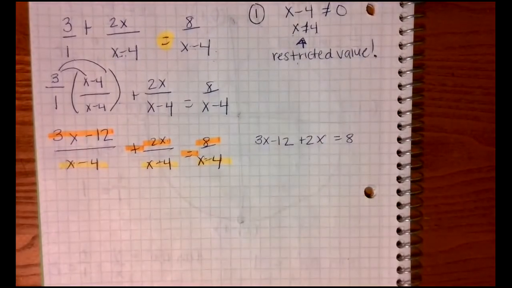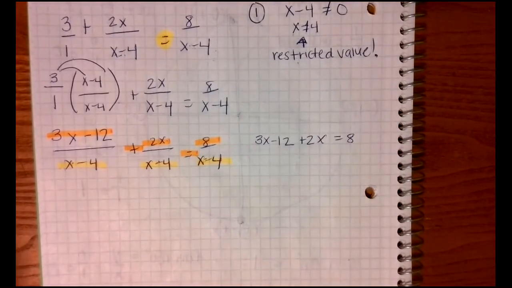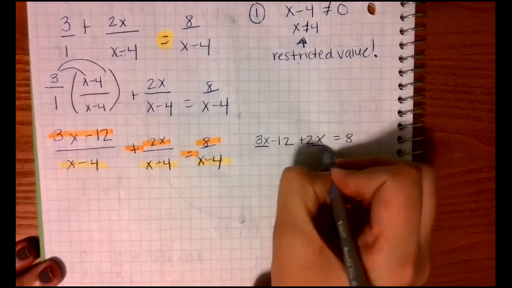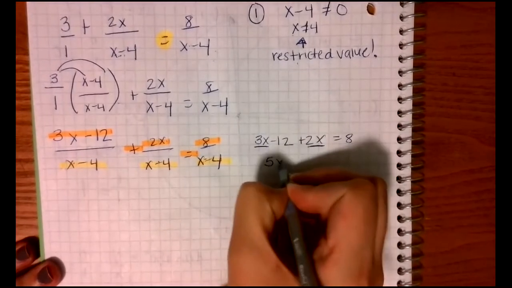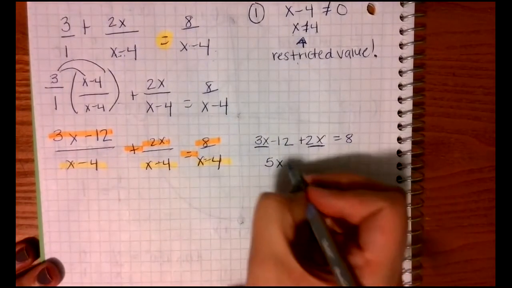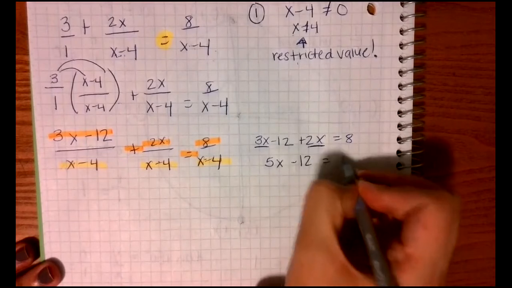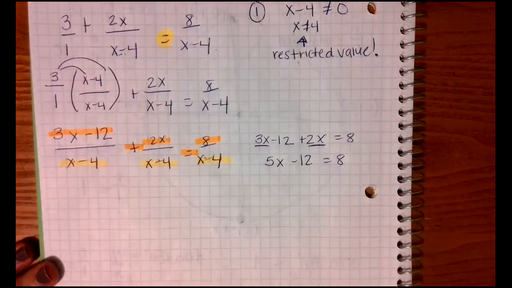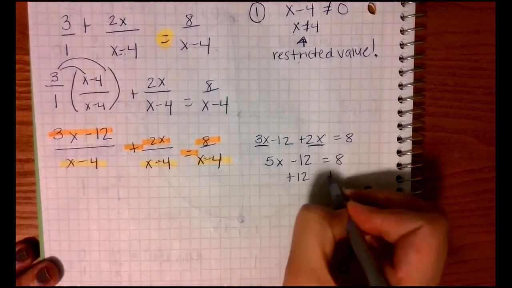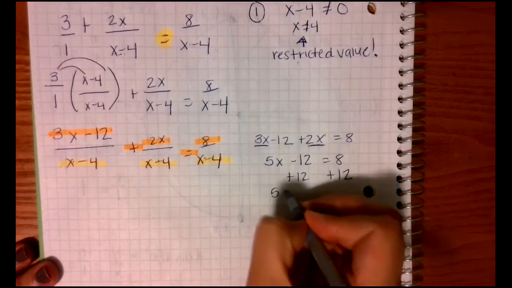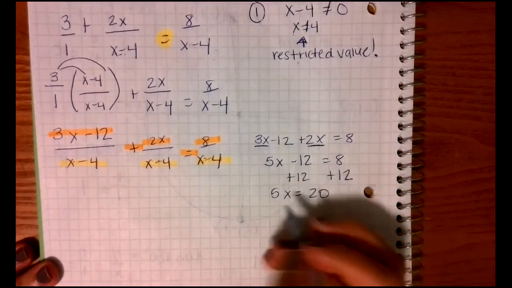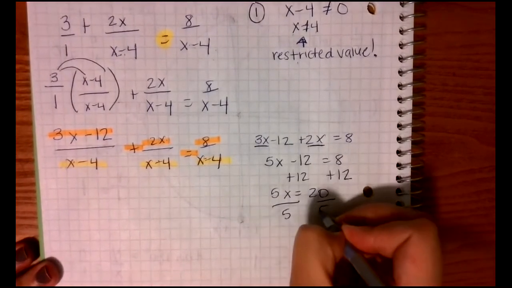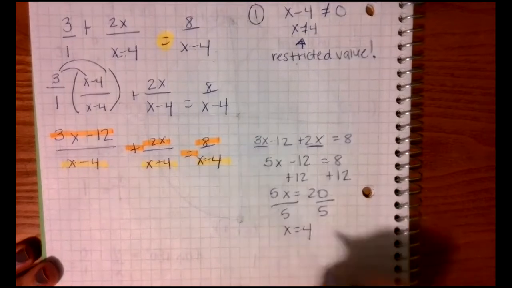And then you're just going to solve your normal linear equation. 3x plus 2x is 5x. Minus 12 is equal to 8. Add the 12. 5x equals 20. And we got that x is equal to 4.